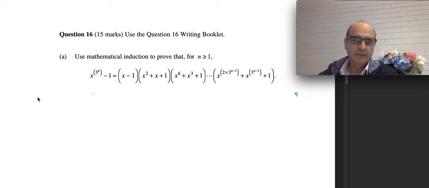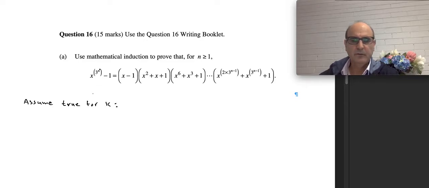So as we do with any induction problem, we start with the assumption that the statement is true for k. So assume true for k. All we need to do is replace n with k.